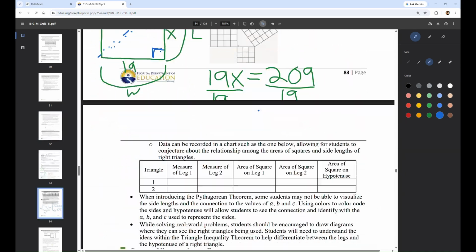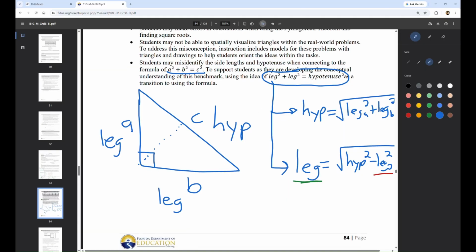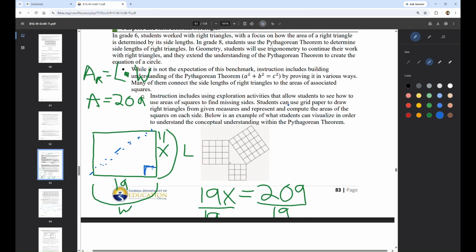So, we were down here. Which one of these equations is going to work when we're solving for the hypotenuse? This one. Hypotenuse equals the square root of leg 1 squared plus leg 2 squared. Leg a squared plus leg b squared.